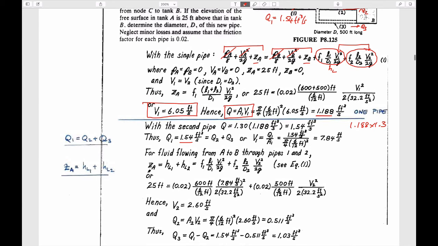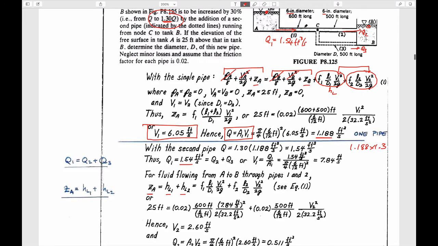across the system is equal to the change in head between the upstream and downstream tanks, and the head losses between first pipe and the second pipe in sequence. So this pipe and this pipe.